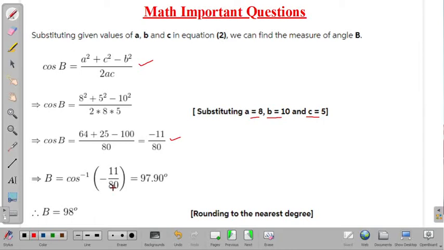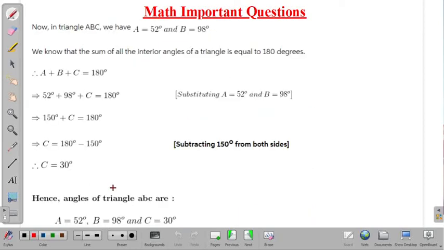Now in triangle ABC we have the values of two angles, A equal to 52 degrees and B equal to 98 degrees. We know that the sum of all the interior angles of a triangle is equal to 180 degrees. Therefore A plus B plus C equals 180 degrees.